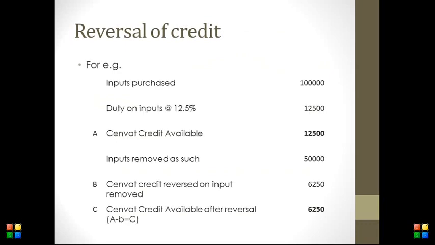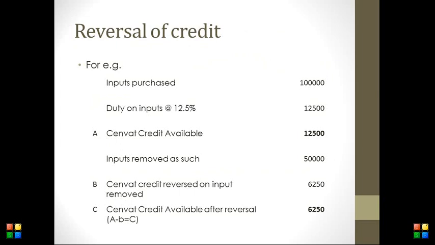So reversal of credit: how to reverse? For example, inputs purchased are 1 lakh rupees, the duty on the inputs is 12.5%, that is 12,500. Cenvat credit available is 12,500.